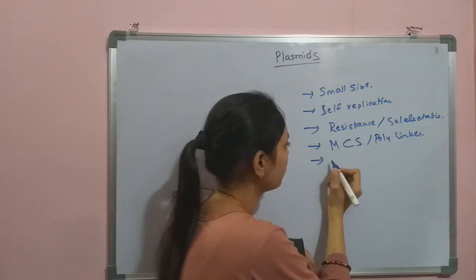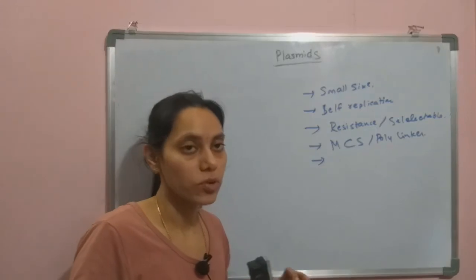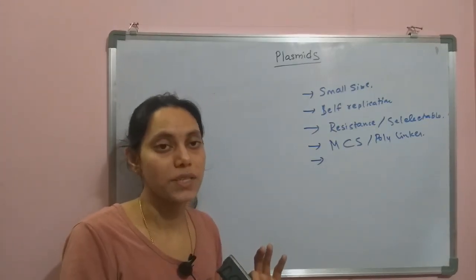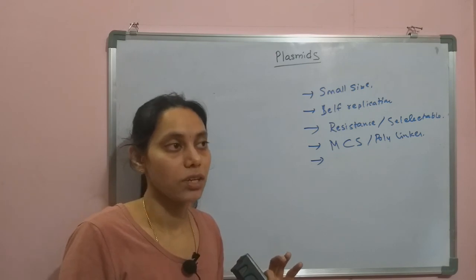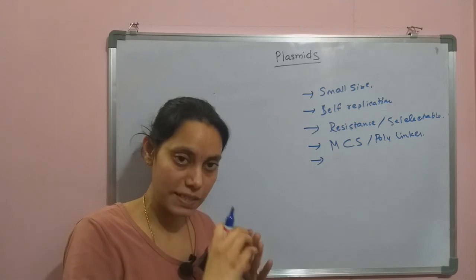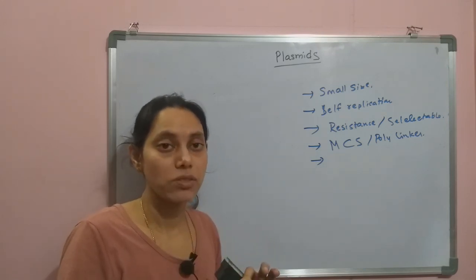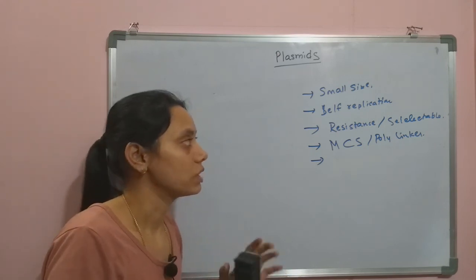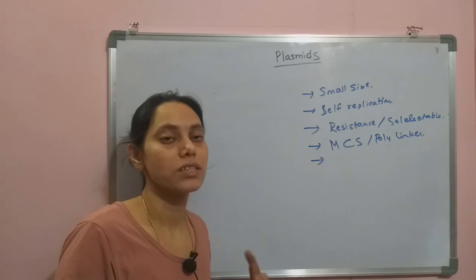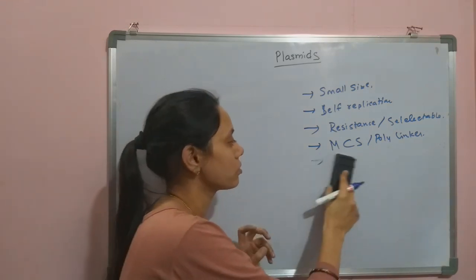Plasmids are also made up of mostly non-essential genes. That means most of the portion of the plasmid can be easily replaced, without disturbing its survivability. So these are the basic things that make plasmids the most widely used vectors.